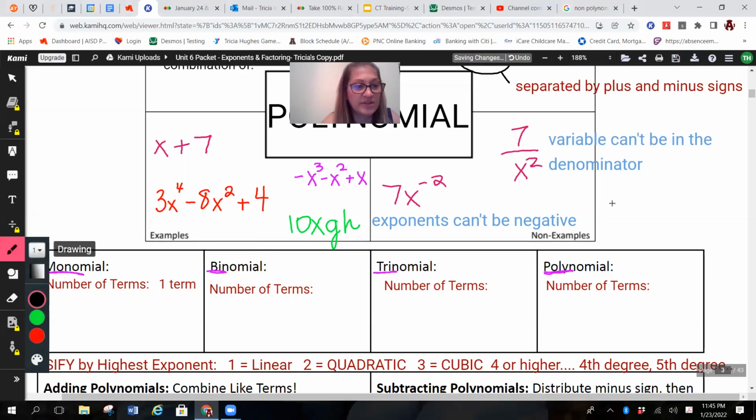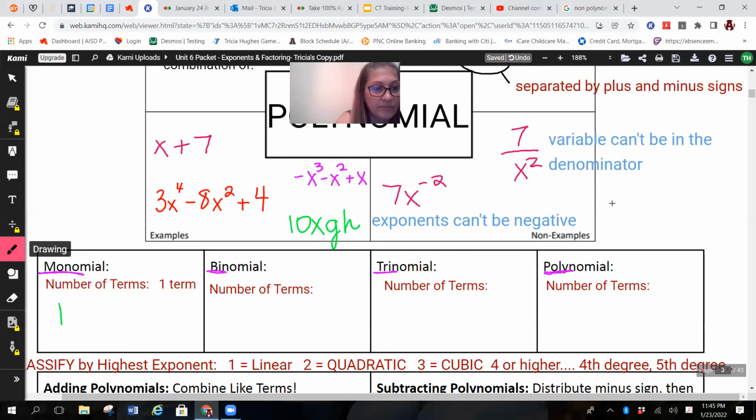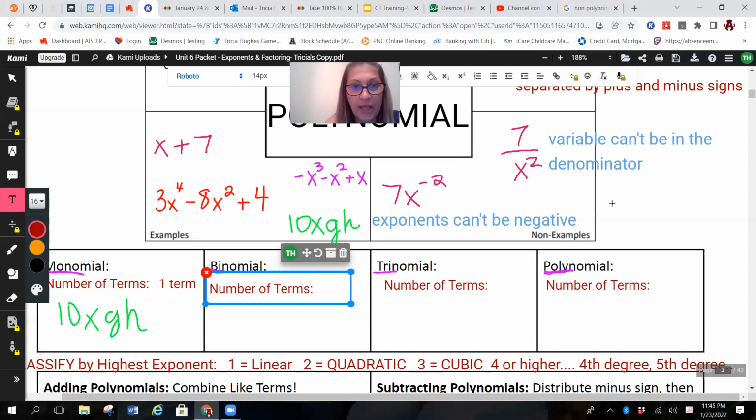All right, so an example of a monomial is the one in green. 10xgh is a monomial. Okay, a binomial has how many terms? Well, think about a bicycle.